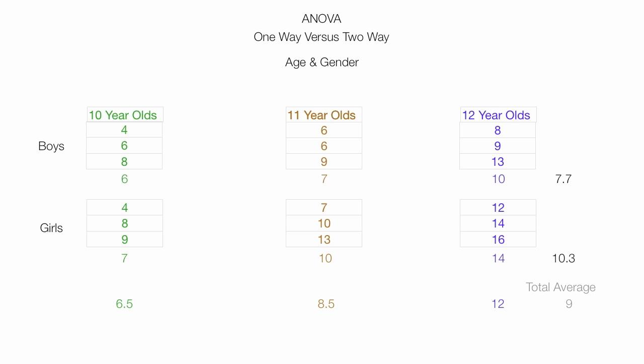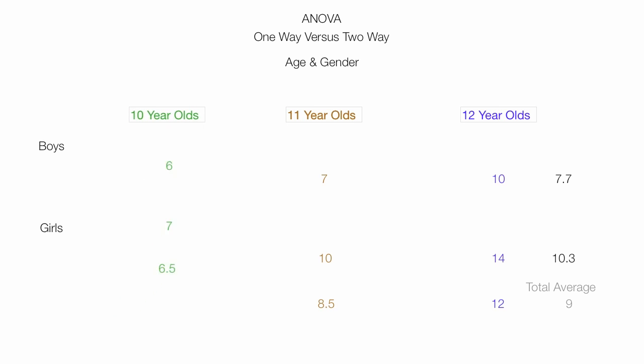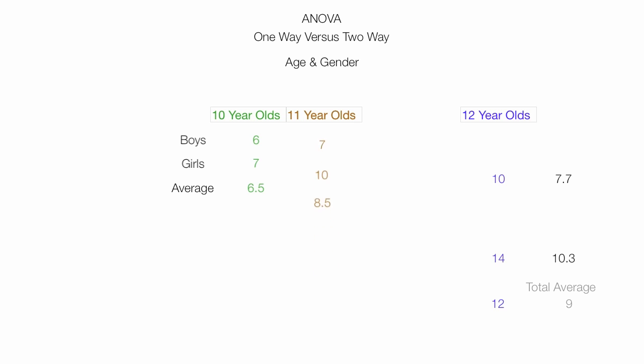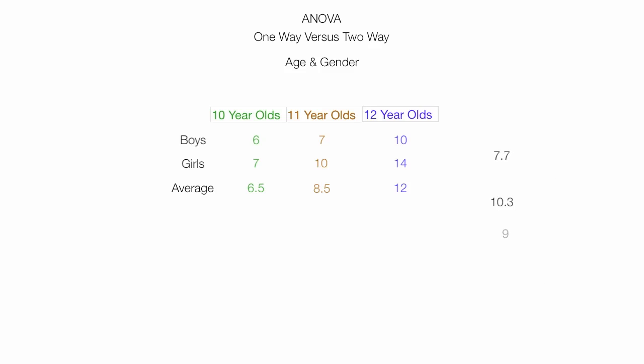Now let me put this all back into a single table. I'm going to call that the mean table. And I'm going to end up with three rows of data: boys, girls, and the average row. And I'll also have 4 columns of data: the 10-year-old data, the 11-year-old data, the 12-year-old data, and also the average there.